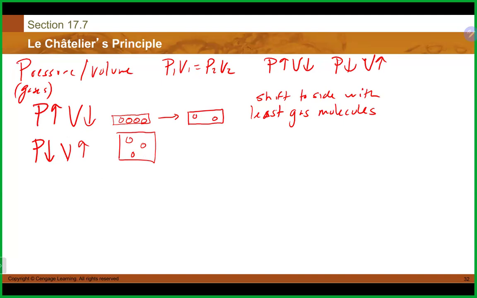So what we want to do is bring the pressure back up because it's starting to drop. The only way to do that with a larger volume is you need more gas molecules in there. So in this case, it will shift to the side with the most gas molecules.